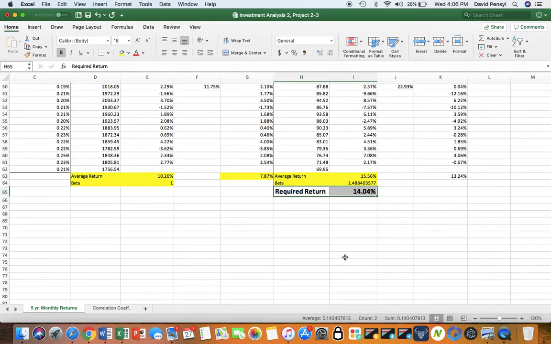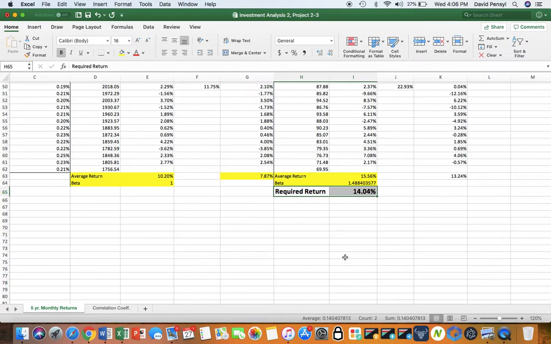This is CAPM right here. You'll get a required return of 14.04%, which means that if you would have invested in Caterpillar over this time span of October 2013 to October of 2018, you as an investor should minimally require a return of 14.04% given the level of risk that you have taken on in investing in this stock.